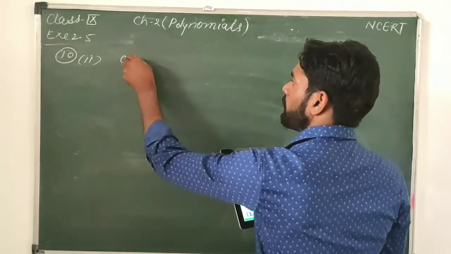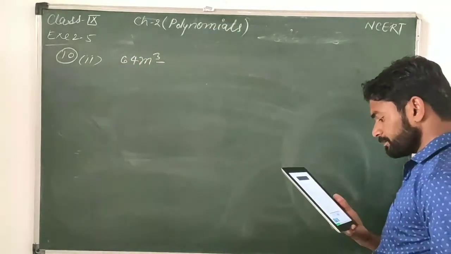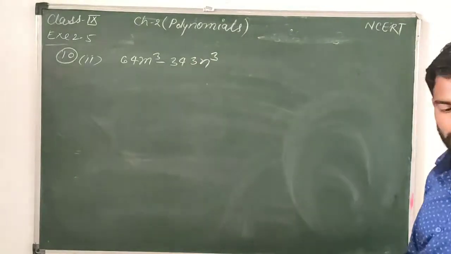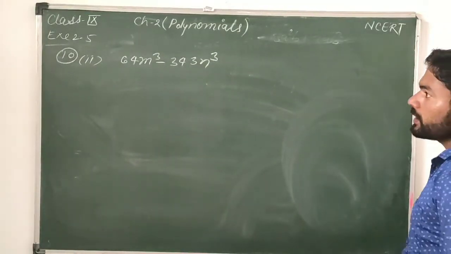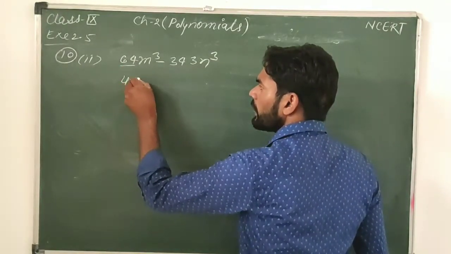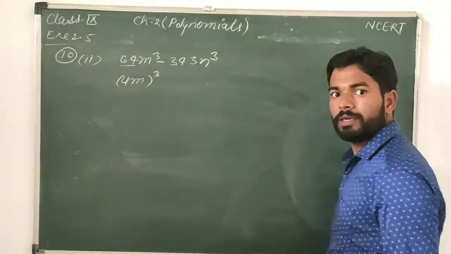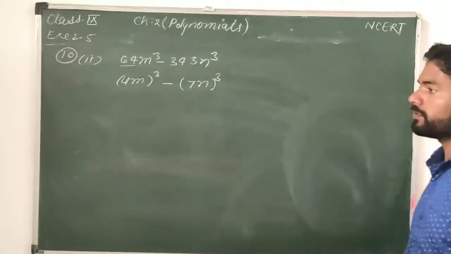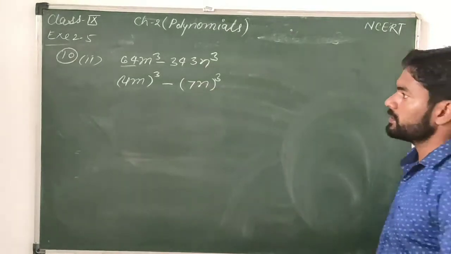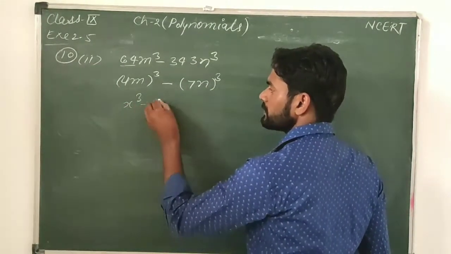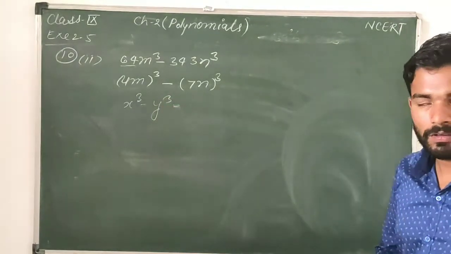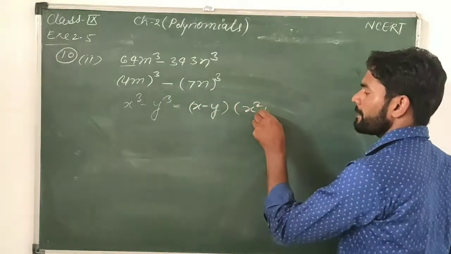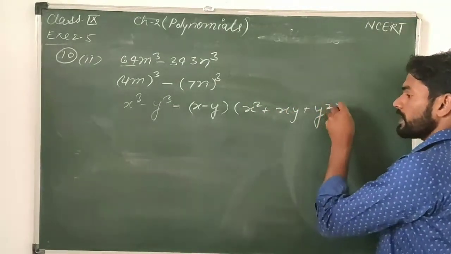64m cube minus 343 n cube. Look, 4m whole cube, because 64 is the cube of 4, and 343 is the whole cube of 7n. x cube minus y cube is equal to x minus y into x square plus xy plus y square.